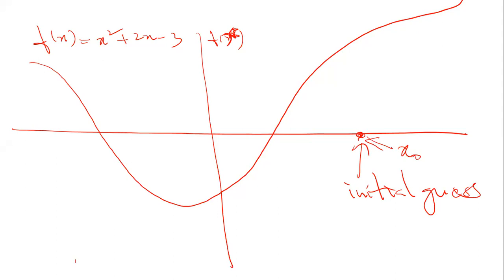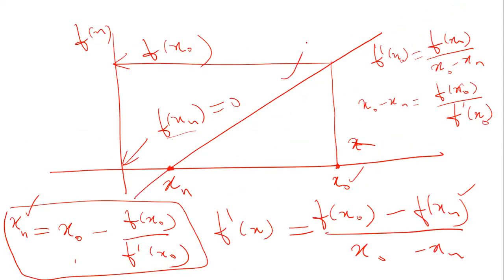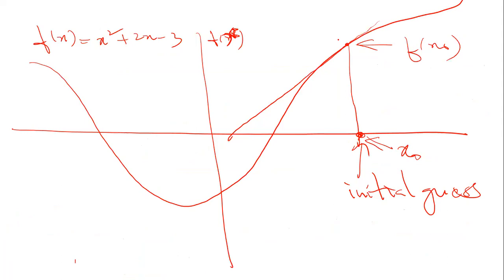Now at this point, you will find your f of x naught. And then you draw a tangent to this. Tangent means a straight line. So if you draw a tangent at this point, then this will be your xn, right?